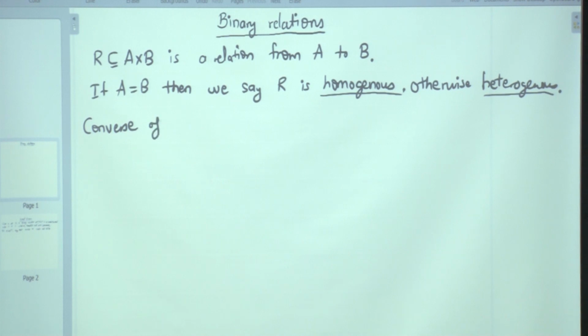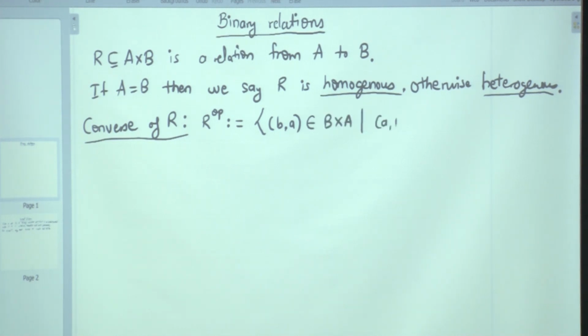So, the converse of R is defined to be, I'm just going to say R op. It is defined as those pairs B comma A in B cross A such that A comma B belongs to R.